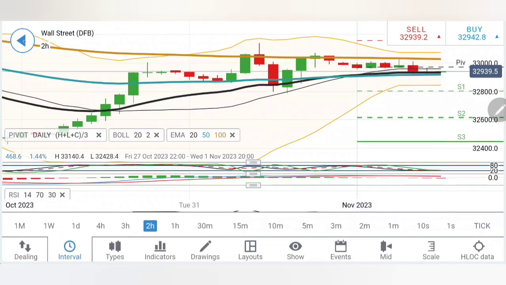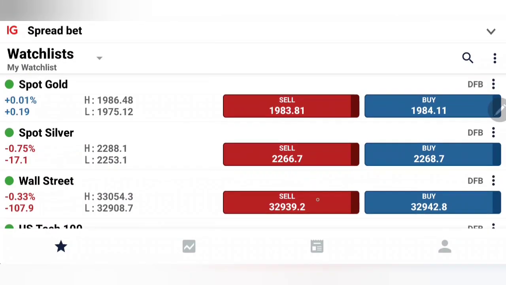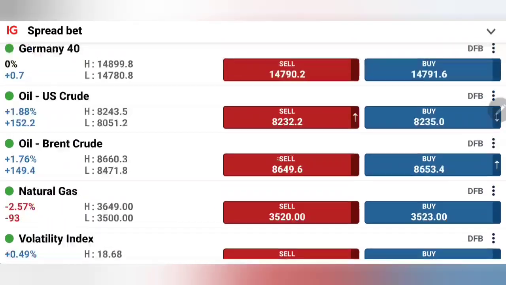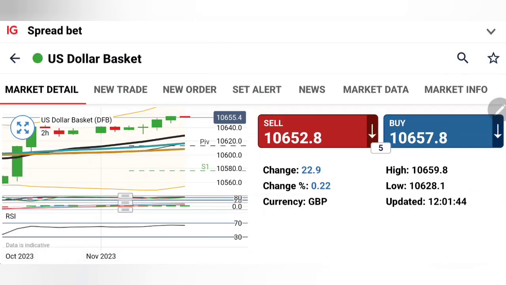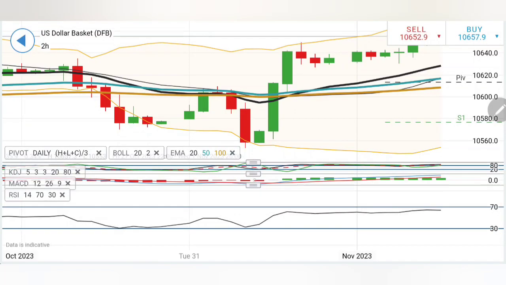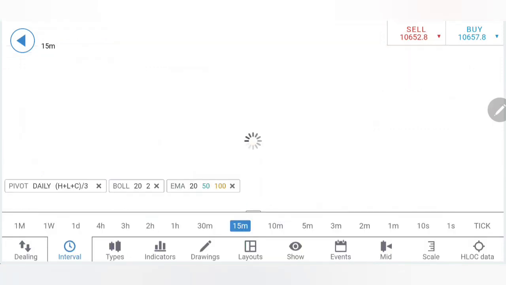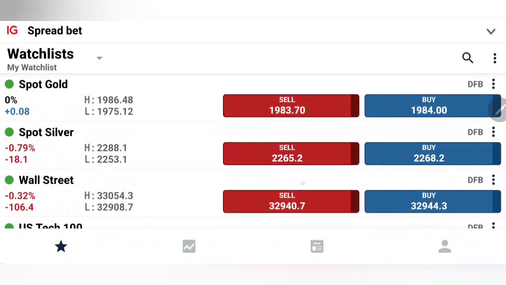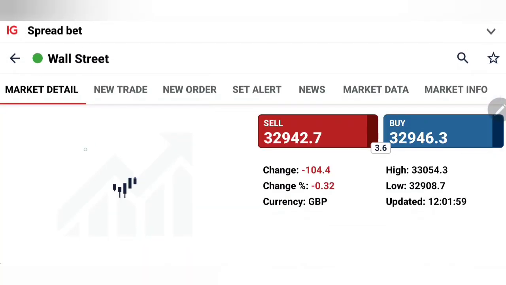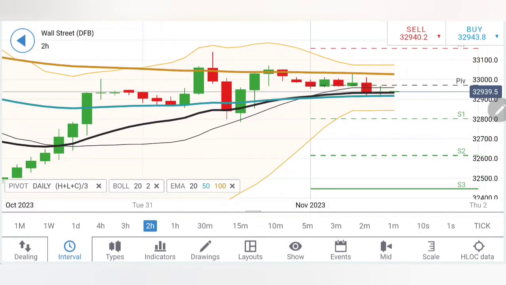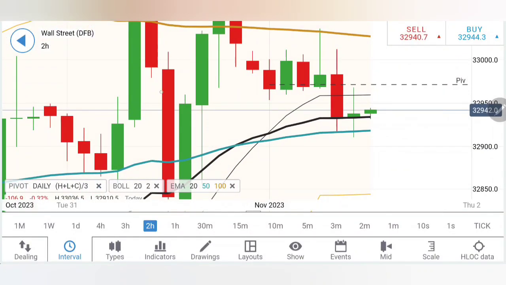Coming to 2 hour charts, likewise on the 2 hour charts, lower highs, lower lows.